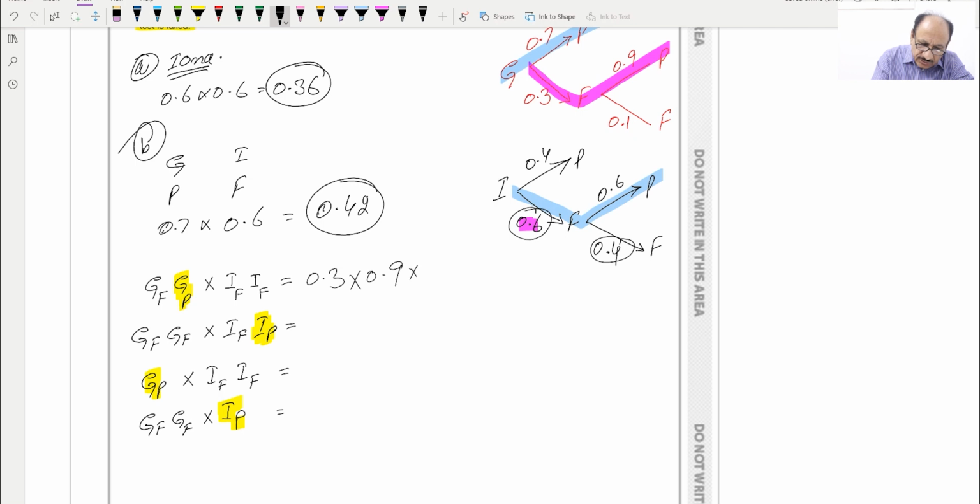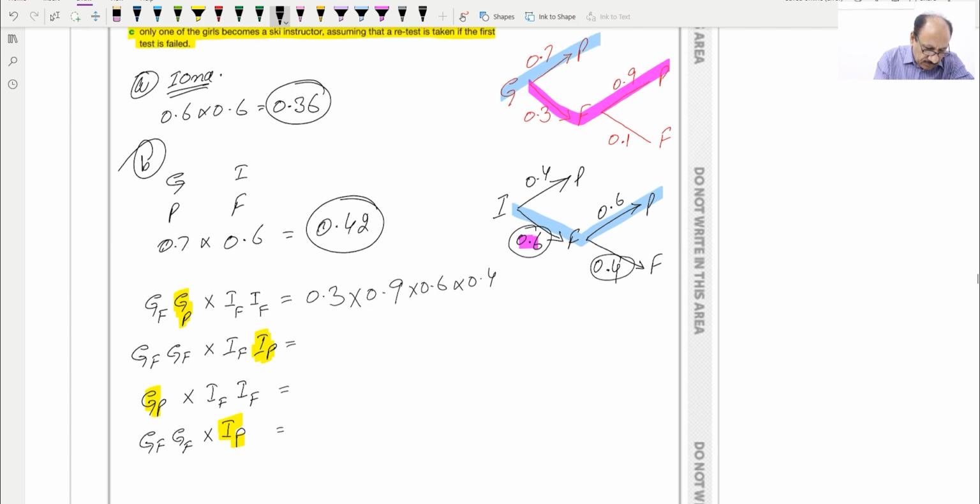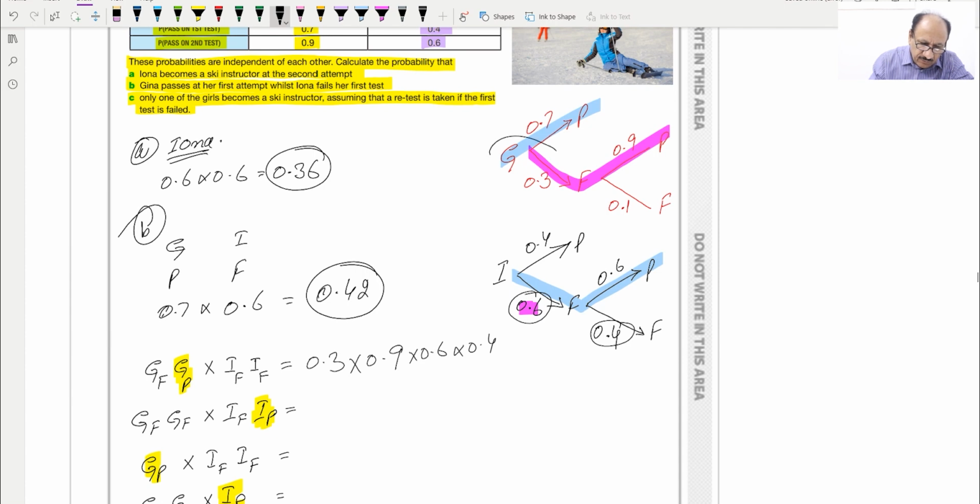So we will take 0.6 into 0.4, and then for the Gina fail will be this route, which is 0.3 into 0.1. So we'll take 0.3 into 0.1 into Eona fail and pass. So fail and pass will be this route, which we have 0.6 into 0.6.